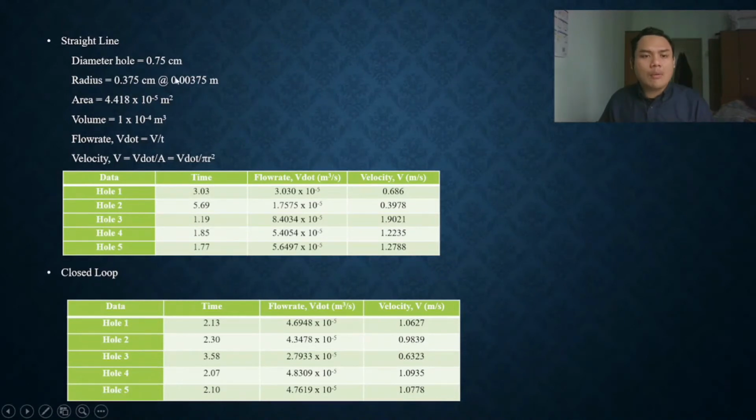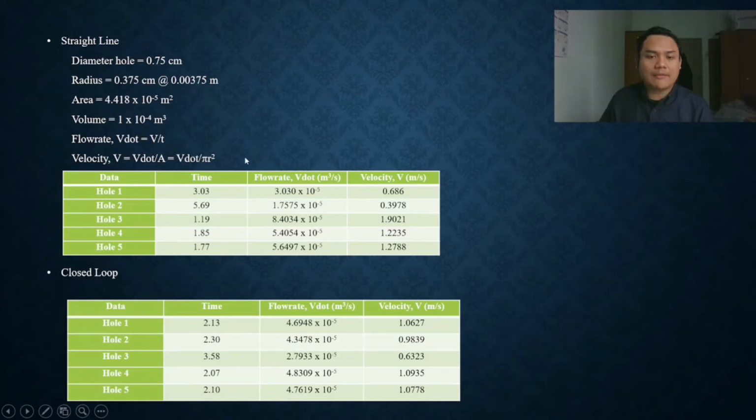Alright, so for our two different configurations, we just use the diameter of the hole of the nozzle as our information, the radius of the nozzle, the cross-sectional area of the nozzle, our volume, our flow rate. As you can see, the straight line times are 3.03, 5.69, 1.19, 1.85 and 1.77.